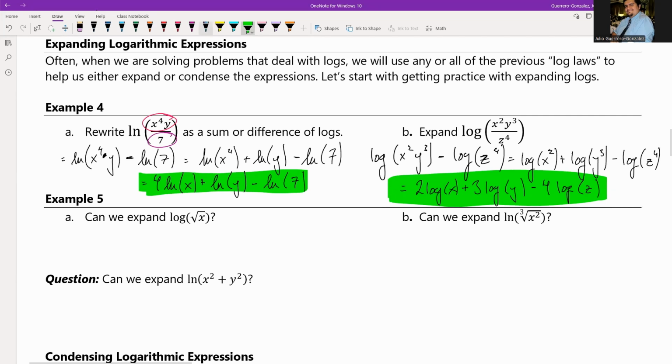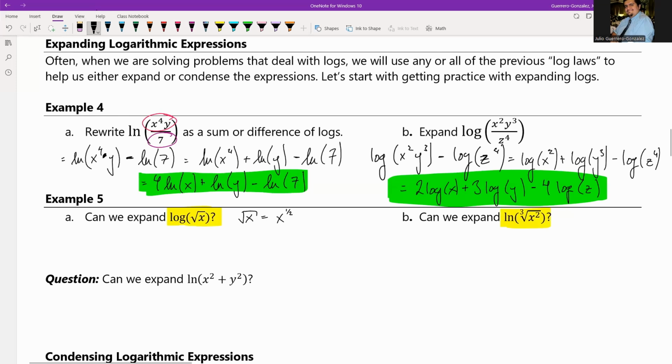Sometimes we might need to, and this is now practice for your exponent rules, we can rewrite these things so that we can do stuff with the logarithm rules. So if you guys remember, the rule here is this for the first one. The square root of x is equivalent to x to the 1/2 power.